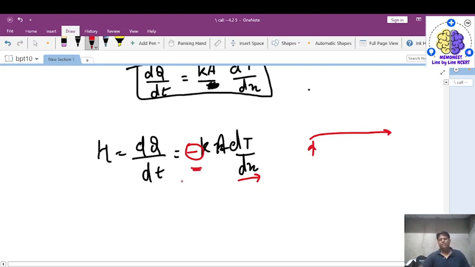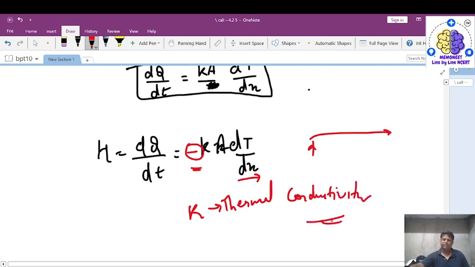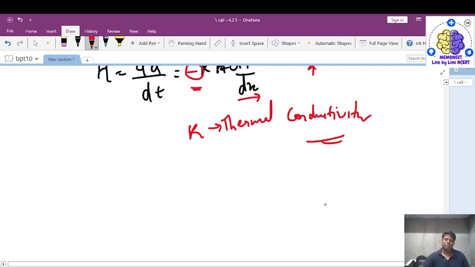Here K is the thermal conductivity. Now the important thing is that dQ by dt is the rate of flow of heat.